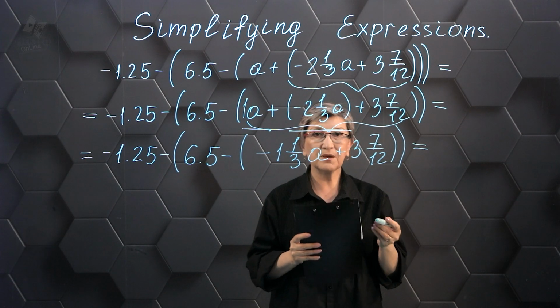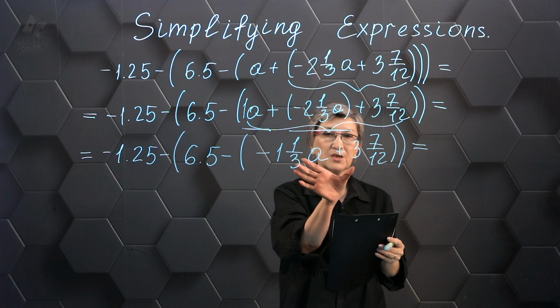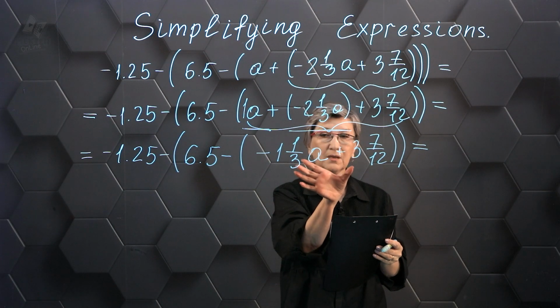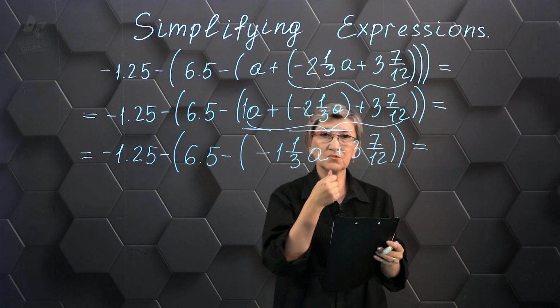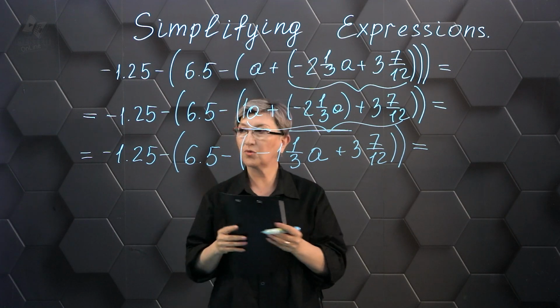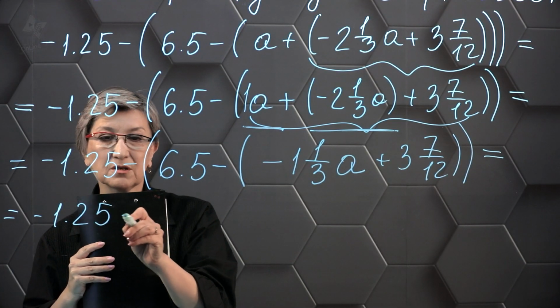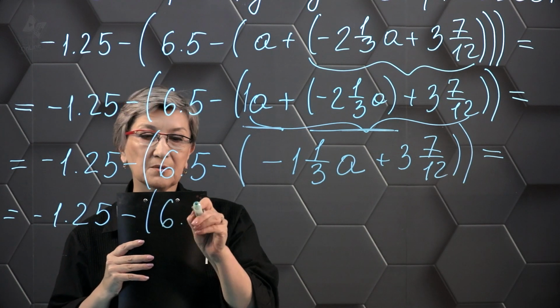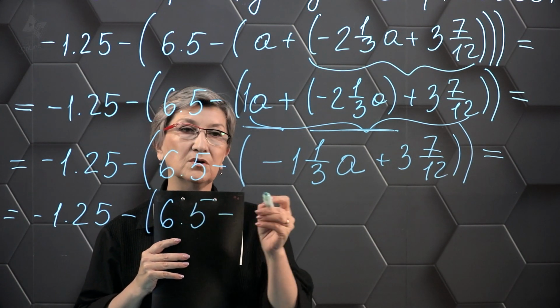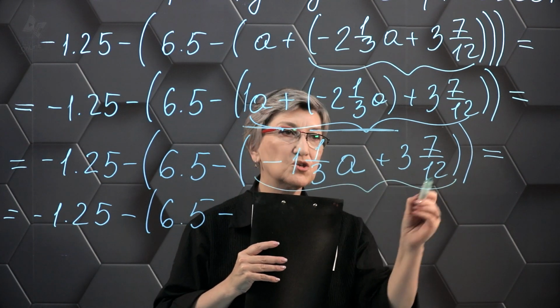Let's continue to convert our expression further. Once again, we can't do the parenthesis because they're not similar summands. Then we open this parenthesis. The result is minus 1 25/100 minus 6.5, I'm rewriting. And this is the expression I'm going to write down without the parenthesis.